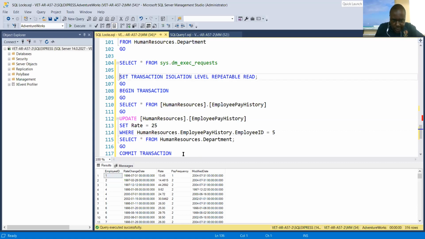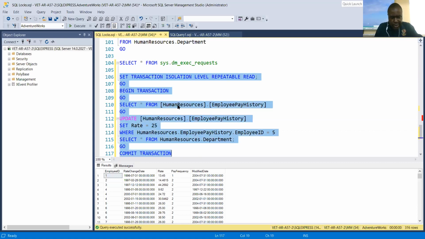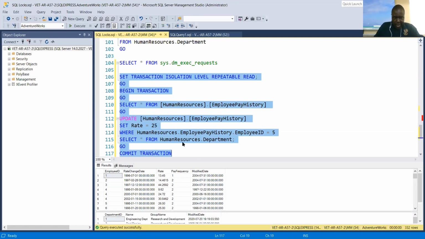So we execute that, and then we can check this table for employee number 5. Okay, that's right.